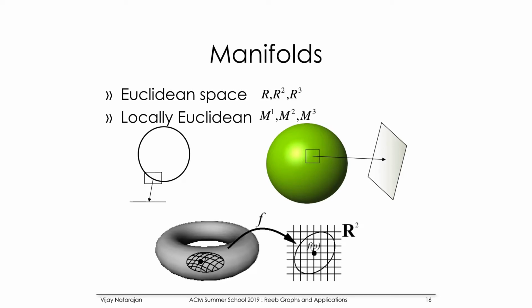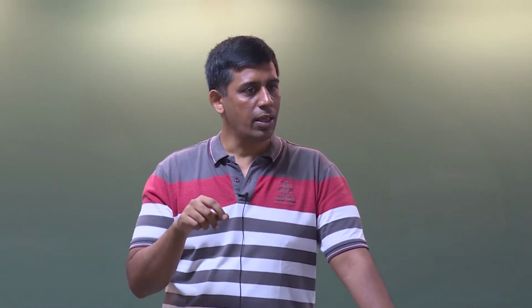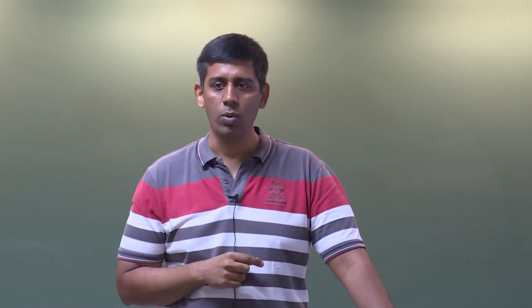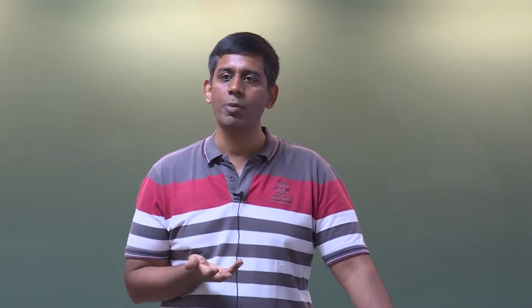This holds even in higher dimensions. You take a sphere, you take any point, right? So if you are an ant living on that sphere, then what you see is flat land, right? So you see R2, right? Similarly, R3 and so on. So we work with such spaces that are locally Euclidean. These are called manifolds. So manifolds can also be like this.